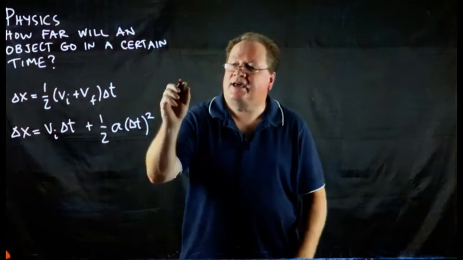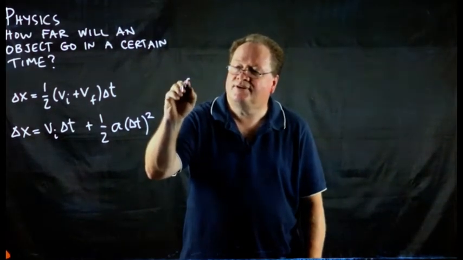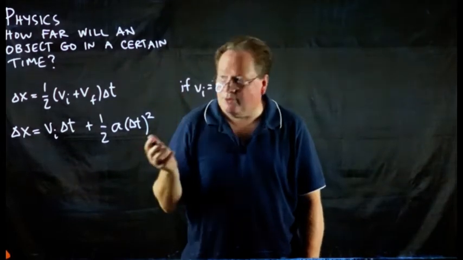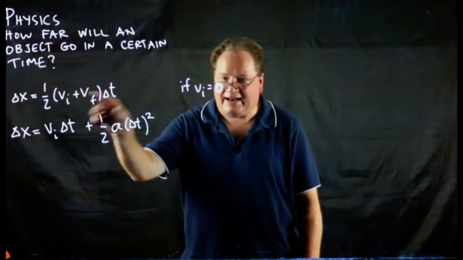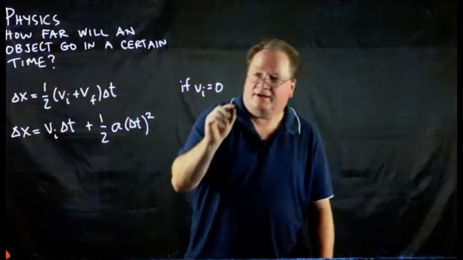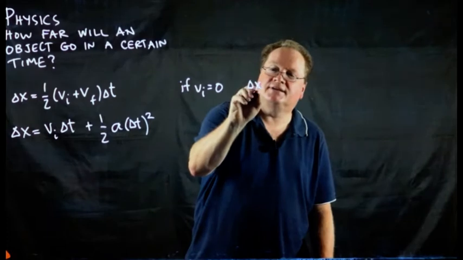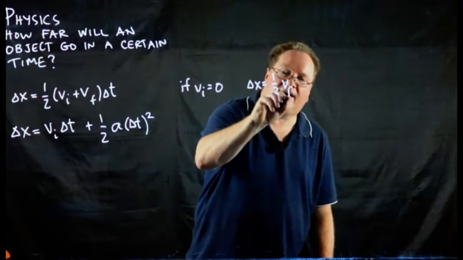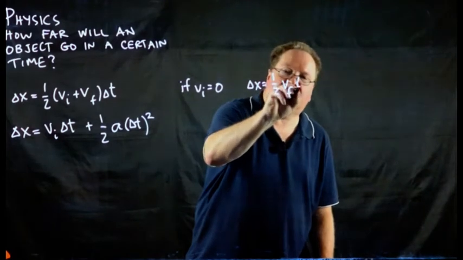So I would say if VI is 0, what would be left over if VI went away right here, I would have delta x equals 1/2 VF times delta t.